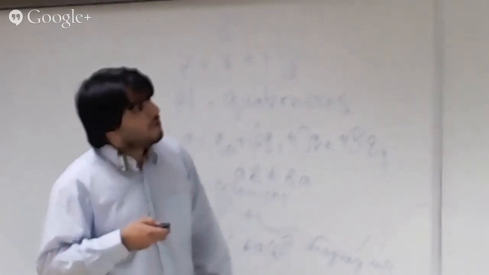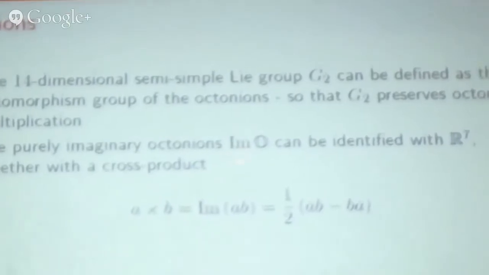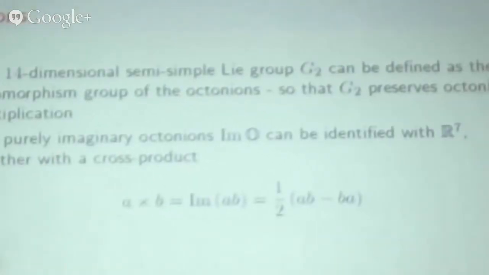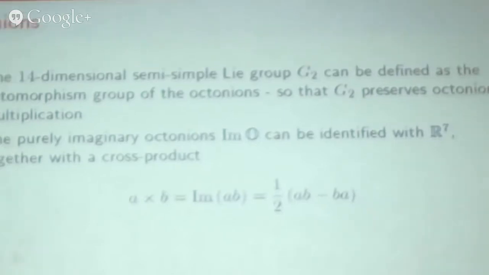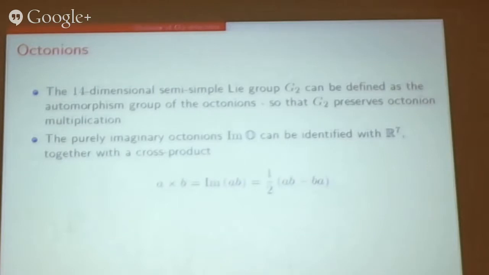So back on the screen, we can define a cross product on 7-dimensional space, so on R7. What we do is we take the pure octonions, so it's just this 7-dimensional space, and we identify them with R7.